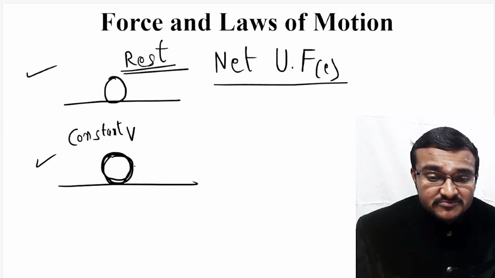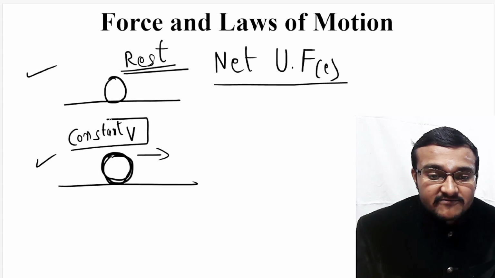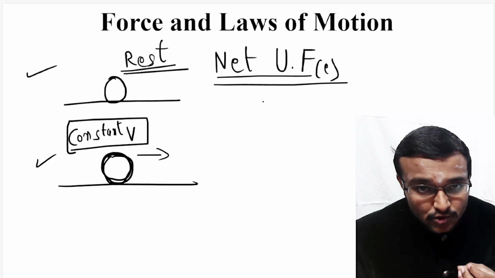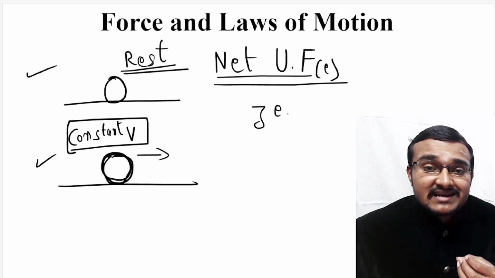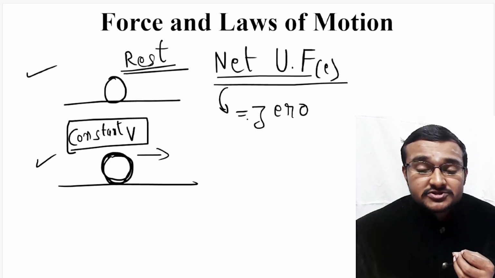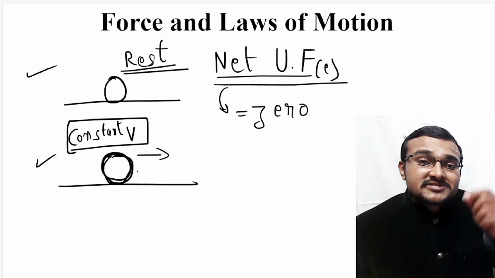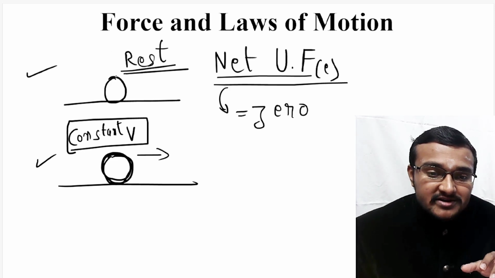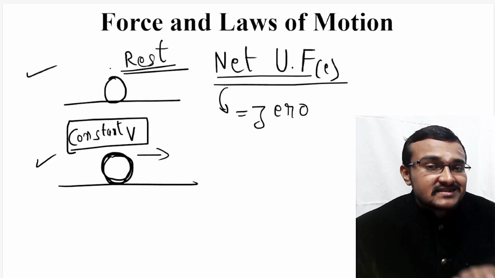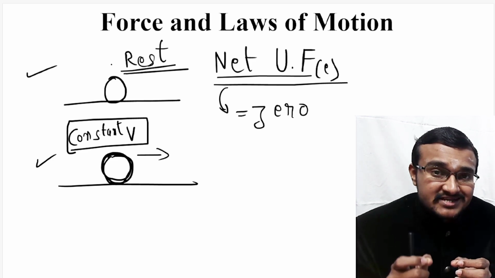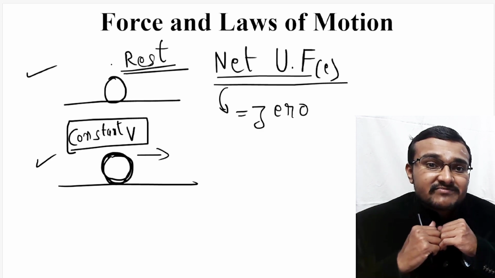And in the second case, if this object is moving with a certain constant velocity, and again the net external unbalanced force is zero, then this object continues to remain in that constant velocity. Or in the first case, if the object was at rest, then it continues to be at rest. So whatever the state of motion of that object is, that state of motion will be continued.